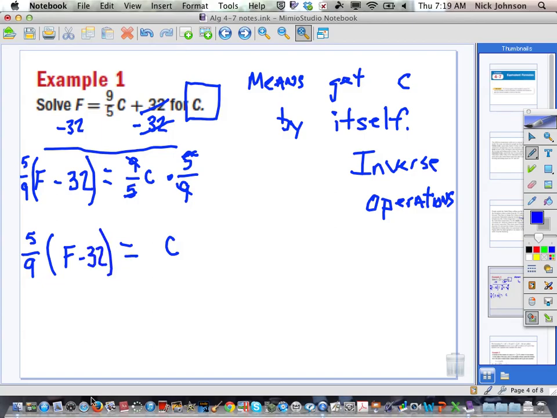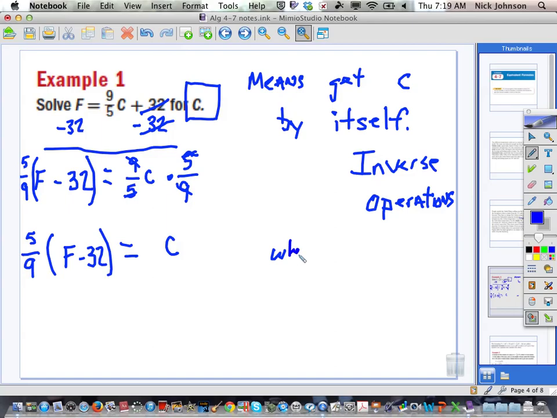So, what does that mean to you? Well, if you're a person that lives outside of the United States and you want to know the Celsius temperature while you're in the United States, say it's 72 degrees in the United States.